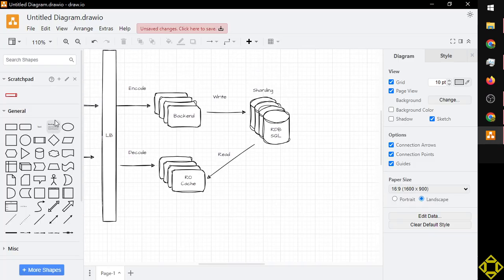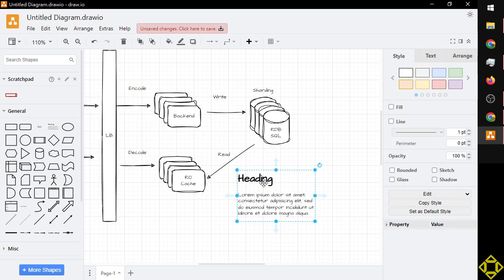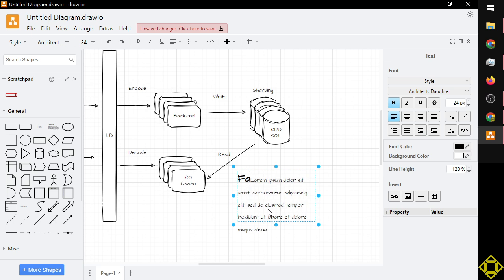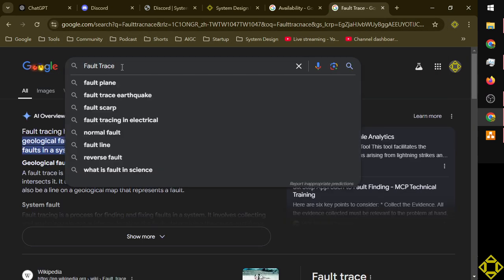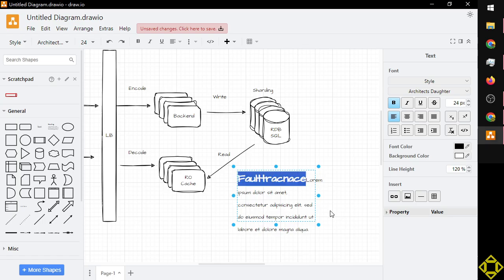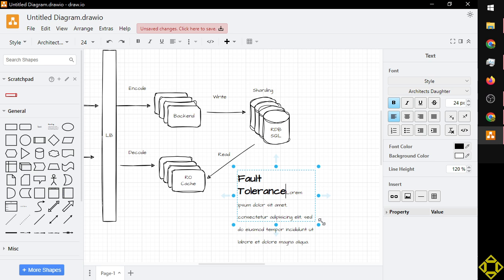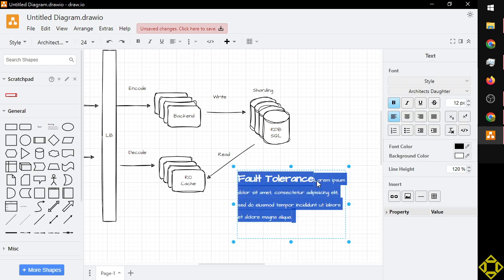Okay, now it's about the fault tolerance, which is still important because they will have issues. Fault tolerance is about user experience.